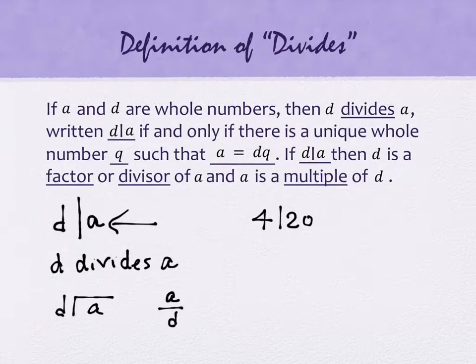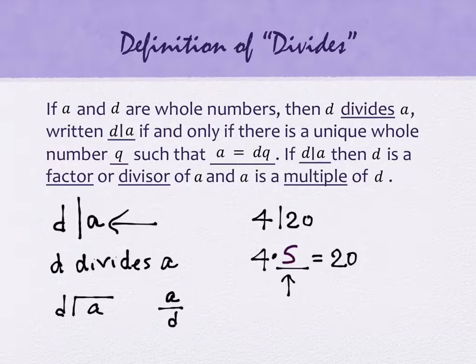What it means for 4 to divide 20 is that there's some whole number that I can multiply 4 by and actually get 20, that will fill in that gap. And of course, you all know what that number is. 5, right? So if something divides, it means there are no remainders, no fractional part left over.